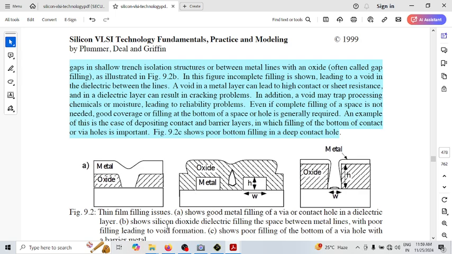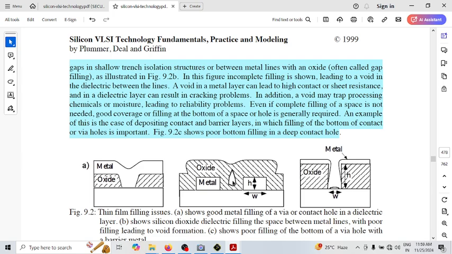Figure B shows a silicon dioxide dielectric film filling the space between two metal lines. You have one metal line here, and another metal line here. These two metal lines are filled with this oxide. While filling this oxide, it is poorly filled because it is leaving a void here.